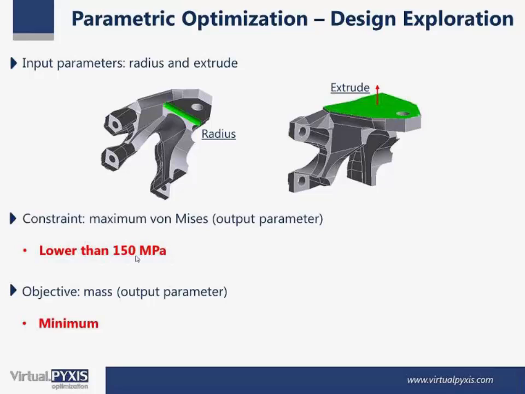So you consider a safety factor of 2, the maximum is 150 megapascals. The objective function in this case is to get the minimum of the mass. The challenge here is how to combine the best radius and the best extrude to get the minimum mass and also to control the stress as I want.